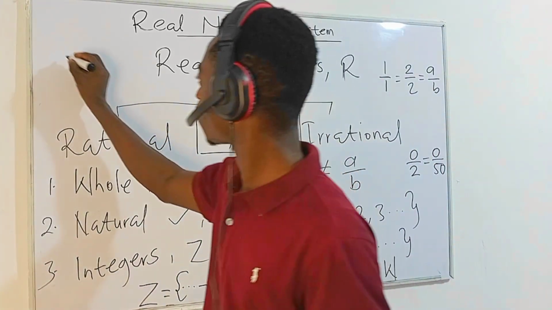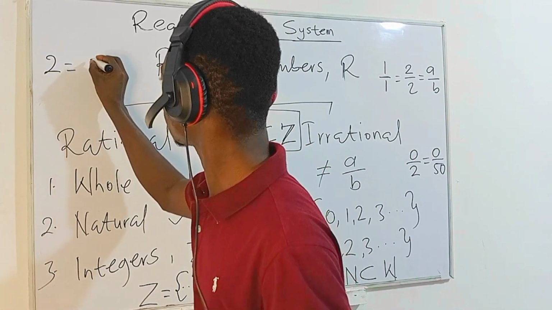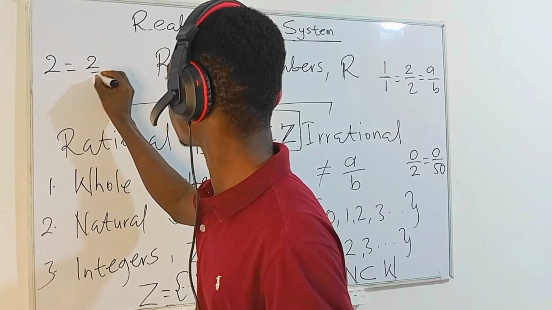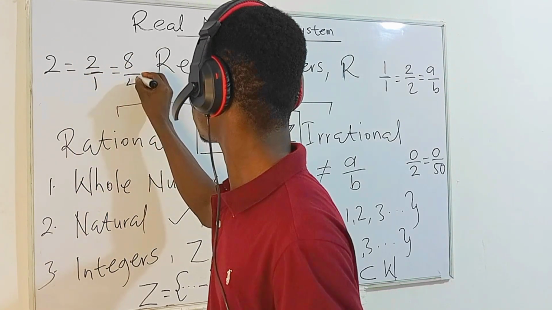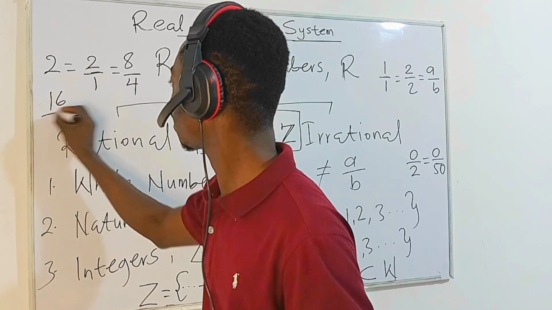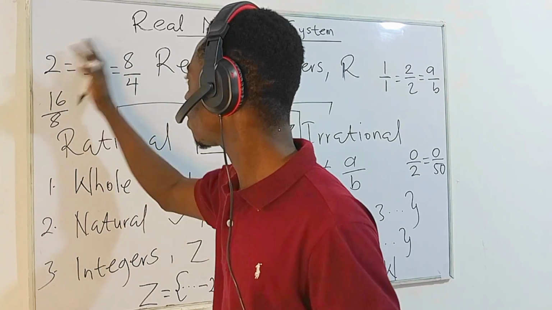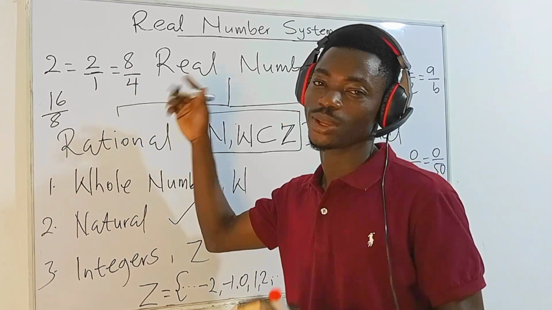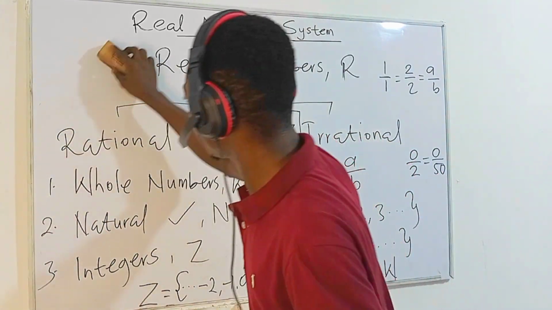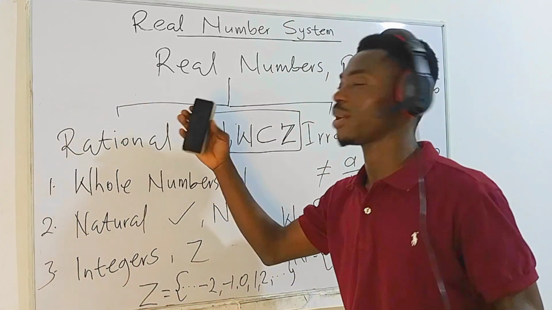If we take 2, for instance, 2 is the same as 2 over 1. It is also the same as 8 over 4. It is the same as 16 over 8. And all these are giving us 2. And of course, they are in the form of A over B. So basically, we now know why these numbers are rational.